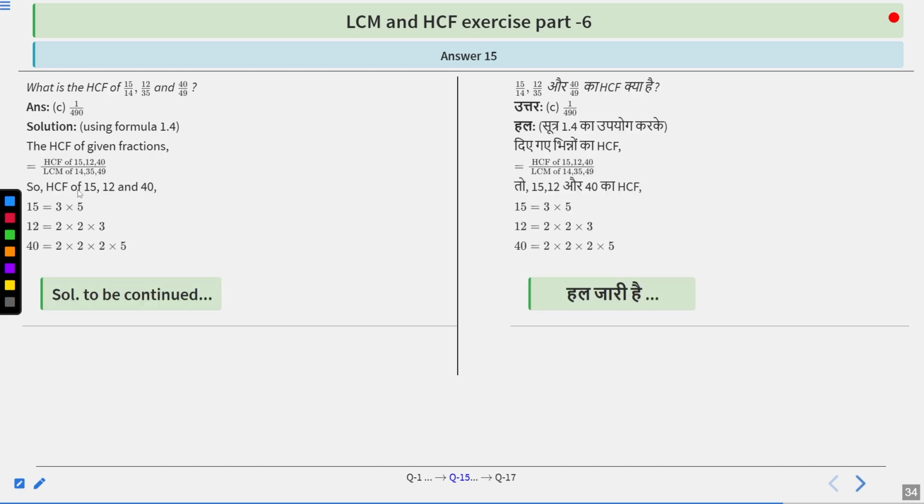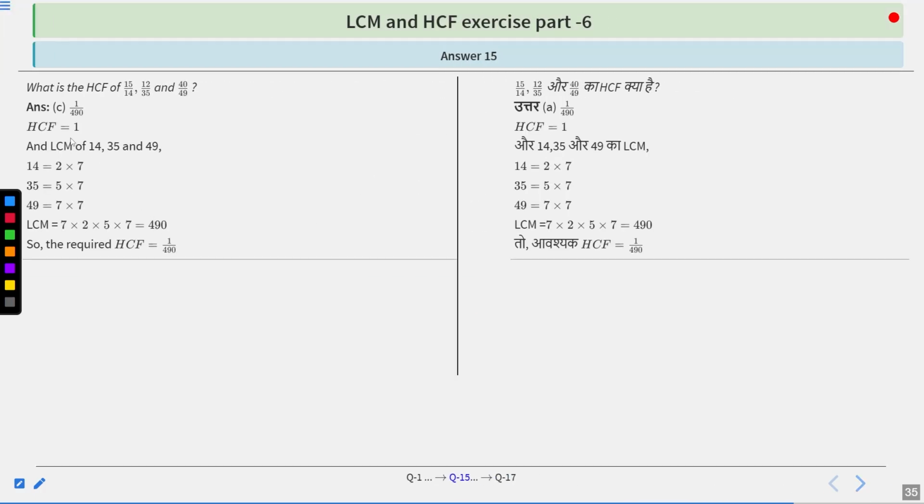Now to find the HCF of 15, 12 and 40, we can use the prime factorization method. Factors of 15 are 3 into 5, 12 can be written as 2 into 2 into 3, whereas 40 can be written as 2 into 2 into 2 into 5.